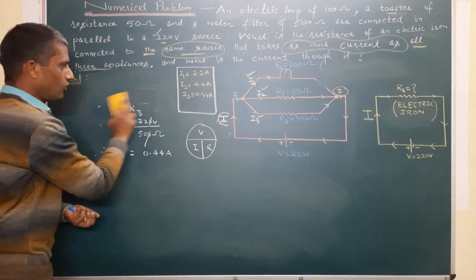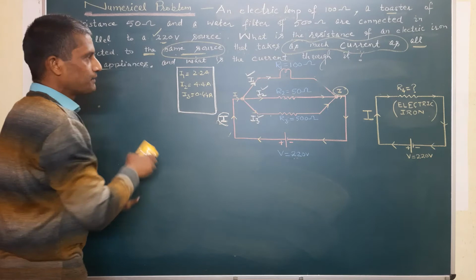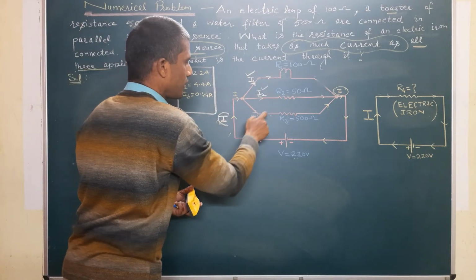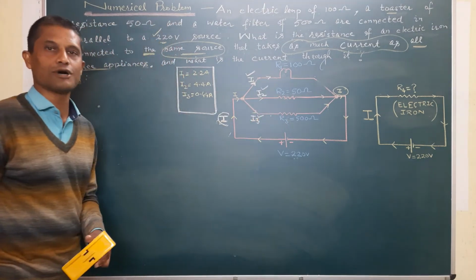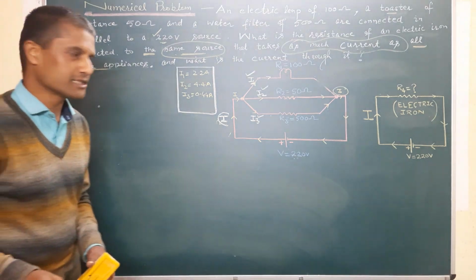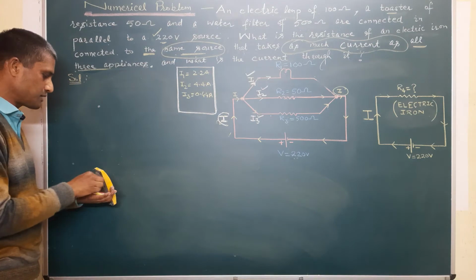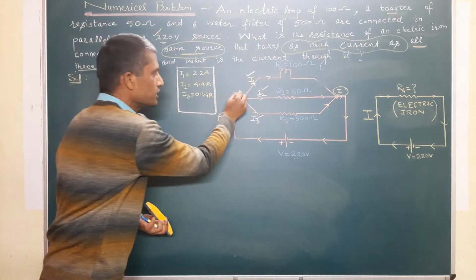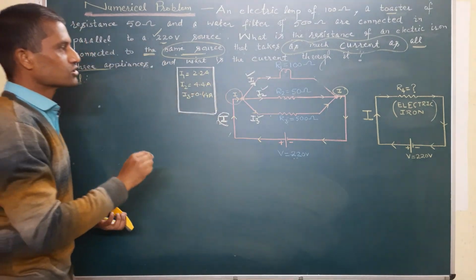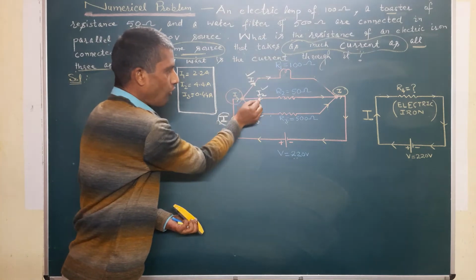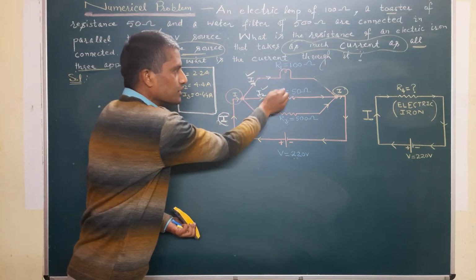Now we have got all these individual currents: I1 flowing through R1, I2 flowing through R2, I3 flowing through R3. Since this is a parallel combination, we have learnt that the total current is always equal to the sum of the currents flowing through individual resistances.